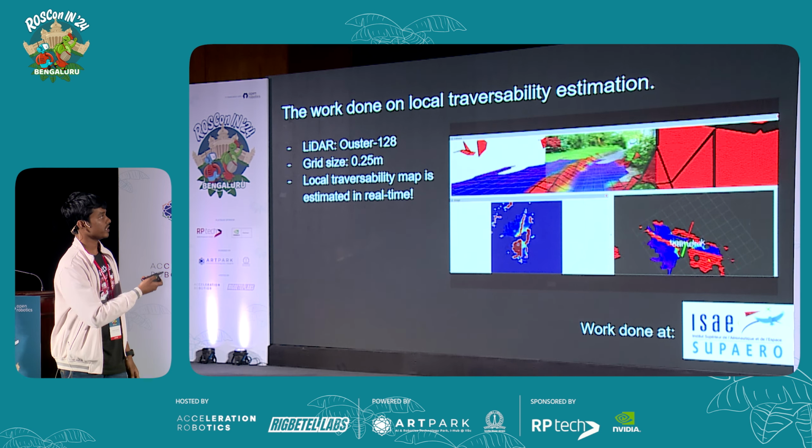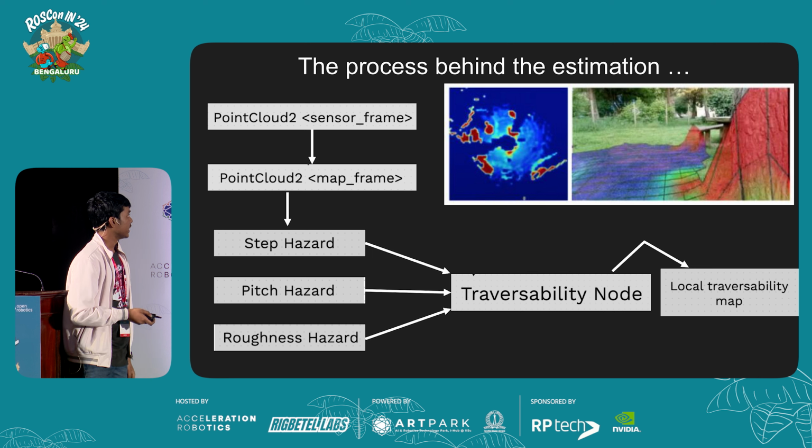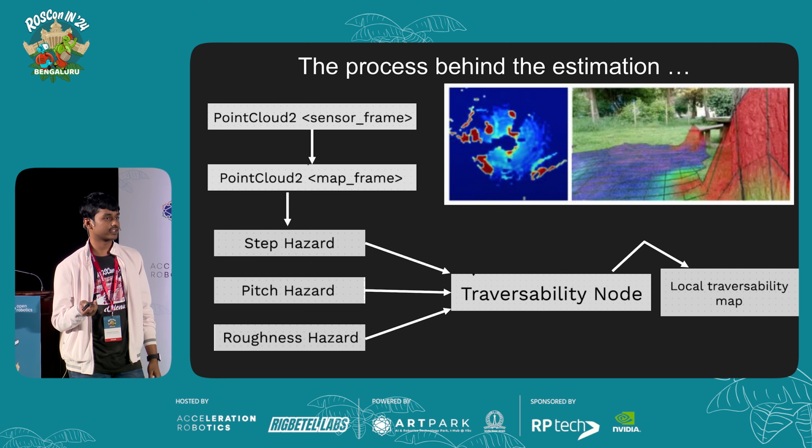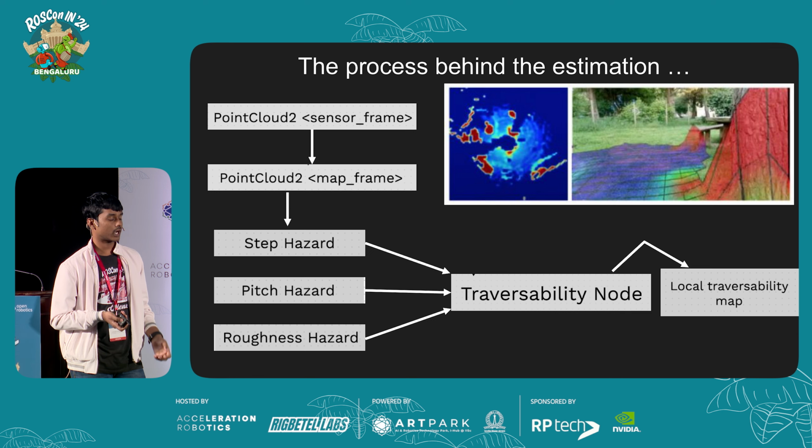So how do you actually estimate your traversability? You have your incoming point cloud stream. You convert that to your base link frame from your sensor frame, and then compute 3 different hazards. These hazards basically signify how much is the risk of traversing an environment.